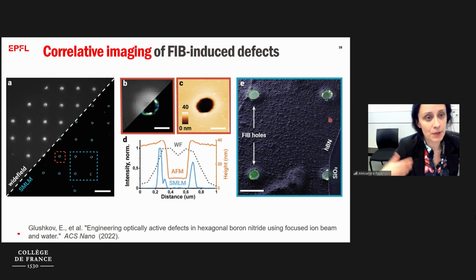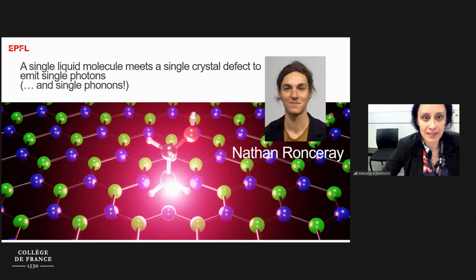When immersed in water, non-treated hexagonal boron nitride doesn't display any fluorescence. However, if we place it into an organic liquid, we see a rise of fluorescence.